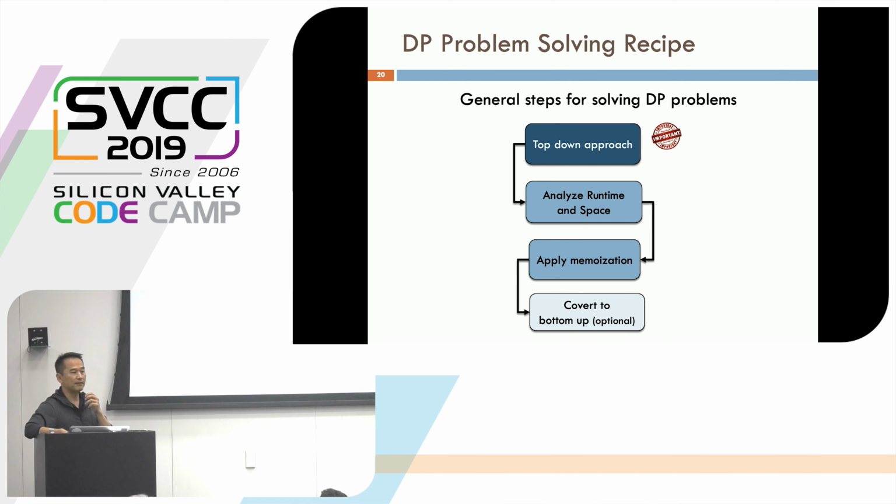And then from that, you apply memoization on it to optimize it, right? And after that, if you want to convert to bottom-up, you can. But the top 3 steps are, as you see, I put an important icon. Those are the most important steps of solving DP problems.